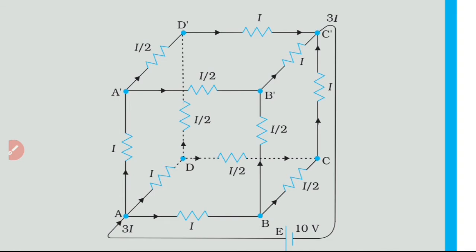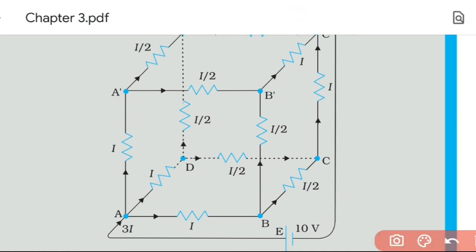That is why we take the current sent by the cell as 3I, and at A that 3I is getting split equally. So I. Hope it is clear.